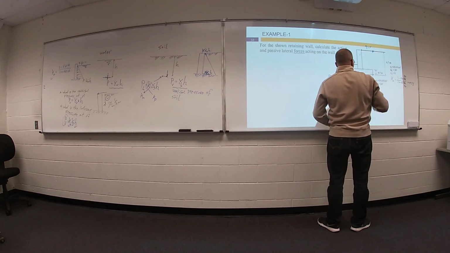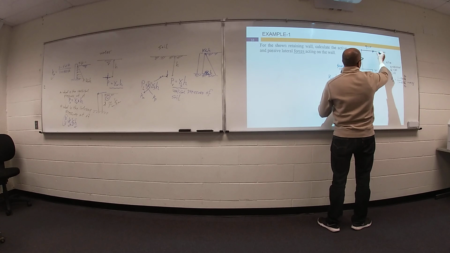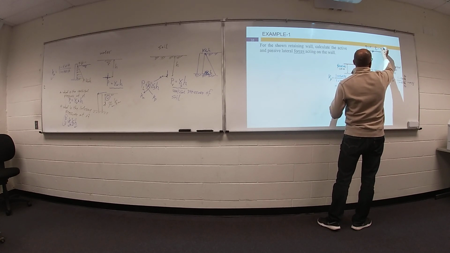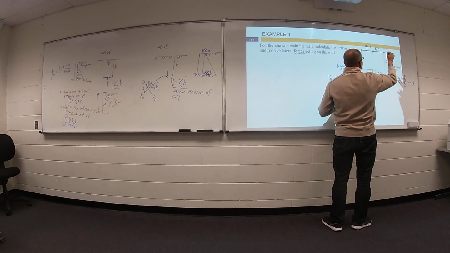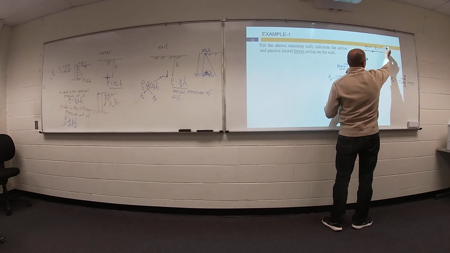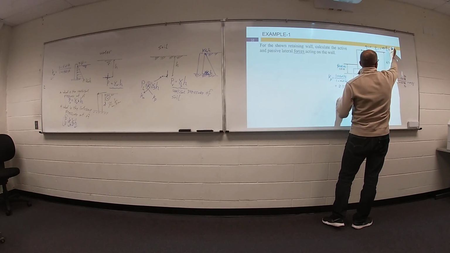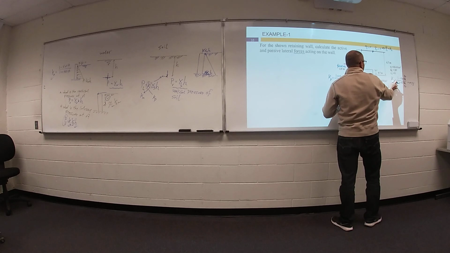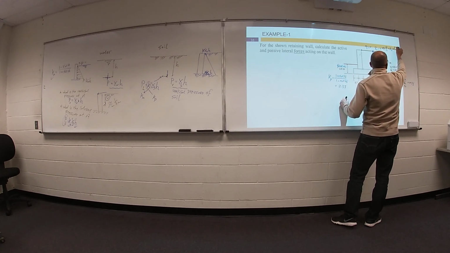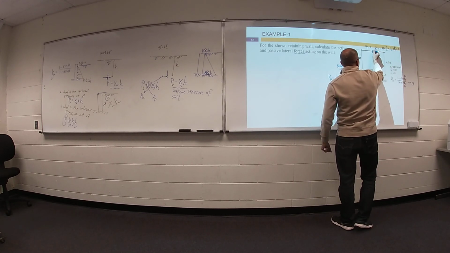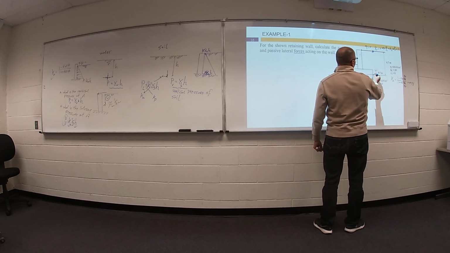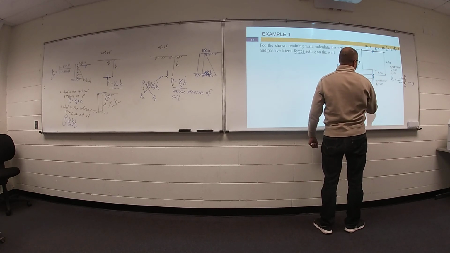What is the vertical pressure here? Your vertical pressure equals 0. We don't have anything above this point. Your lateral pressure will be K active times your vertical pressure, which is 0, so your lateral pressure will be 0. What is the vertical pressure here?